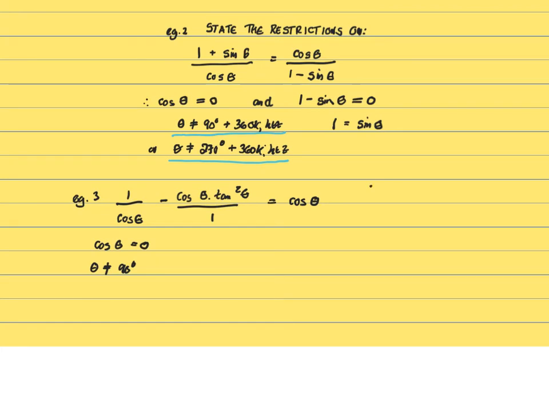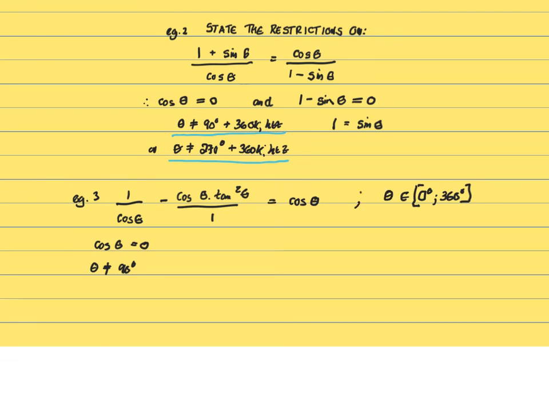And I'm actually going to say here where theta is an element of 0 degrees to 360 degrees. Sorry, I shouldn't have done that first one. Let me just erase that. Okay, where theta is an element.